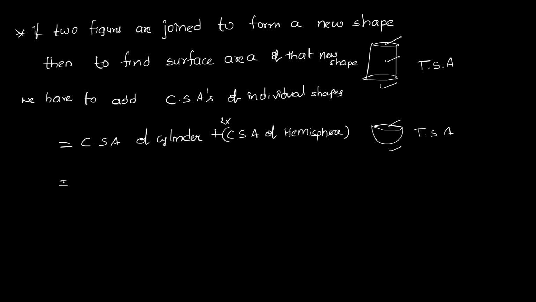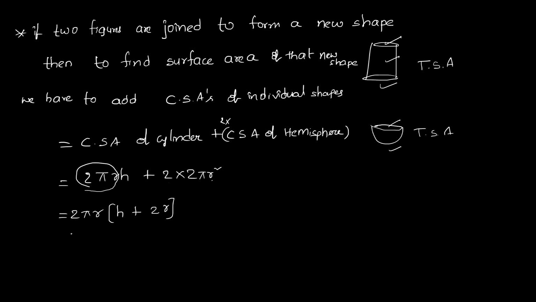And what is CSA of cylinder? 2 pi RH plus 2 into curved surface of hemisphere 2 pi R square. And since we know all the values, we can directly substitute. But to make it very simple, I am taking 2 pi r as common. So 2 pi r as common, ఇక్కడ ఏమొస్తుంది నాకు h plus ఇక్కడ ఒక 2 ఉంటుంది, and I'll get one more r here.